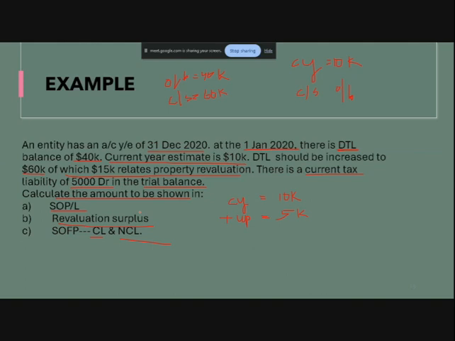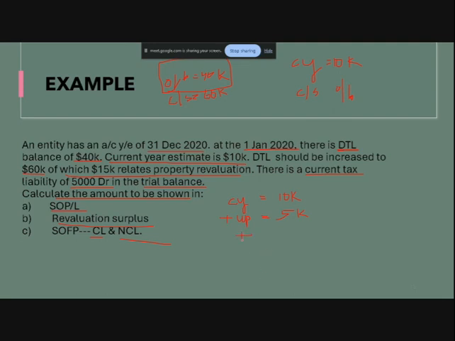The equation is closing deferred tax minus opening deferred tax. Find me the movement. Closing is 45, opening is 40, 45 minus 40. It's positive, so five.